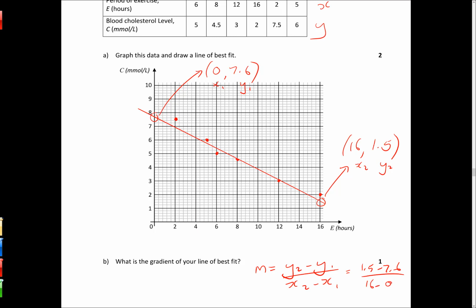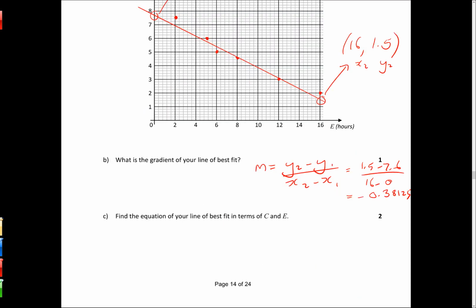I'm just going to use the calculator now. 1.5 minus 7.6 is minus 6.1, divided by 16, equals minus 61 on 160. I can leave it as a fraction or a decimal, it doesn't matter. Minus 0.38125. That'll do.